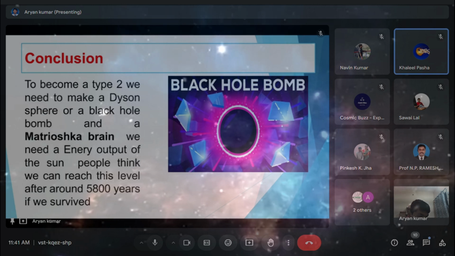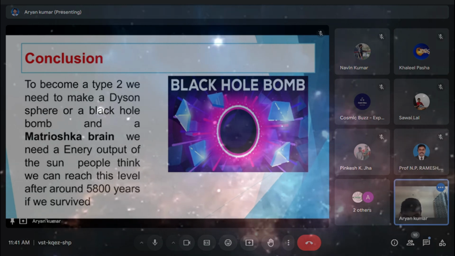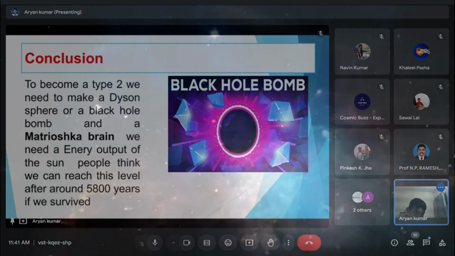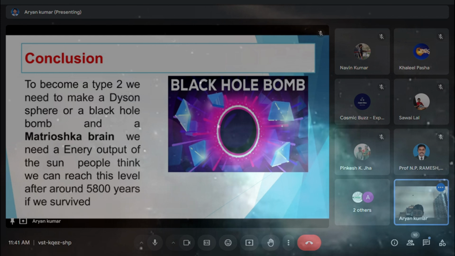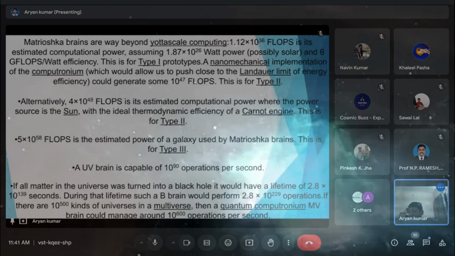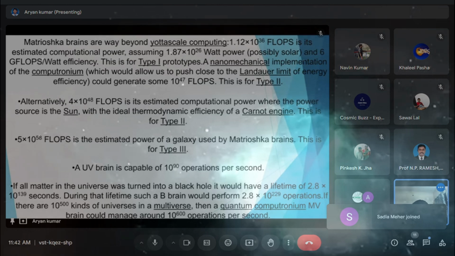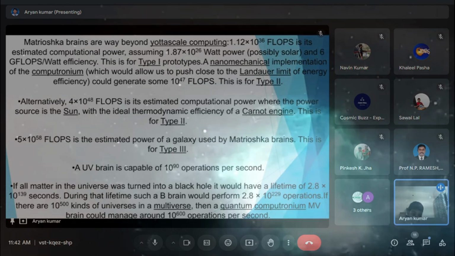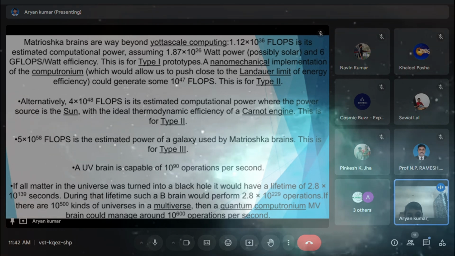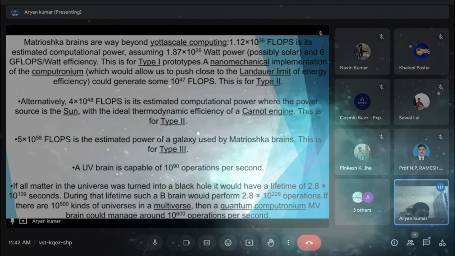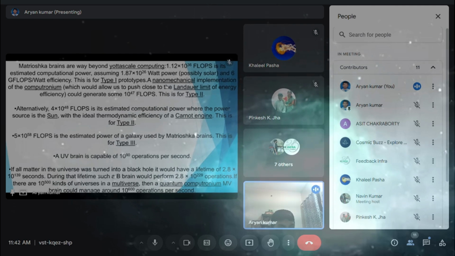Okay, so can you explain what a FLOP is? Okay, a FLOP is computational power. An average human is about 10 raised to the power of 13 FLOPS, or operations per second.